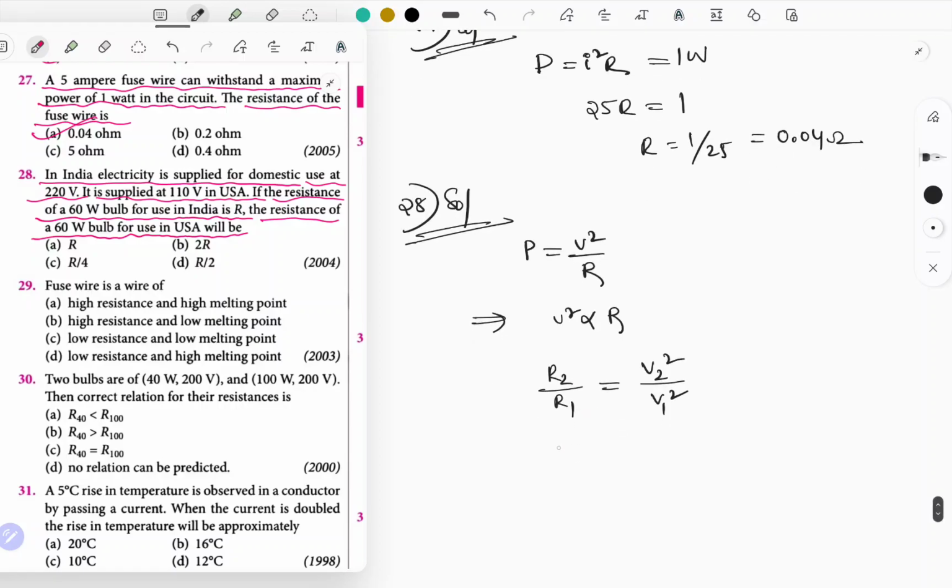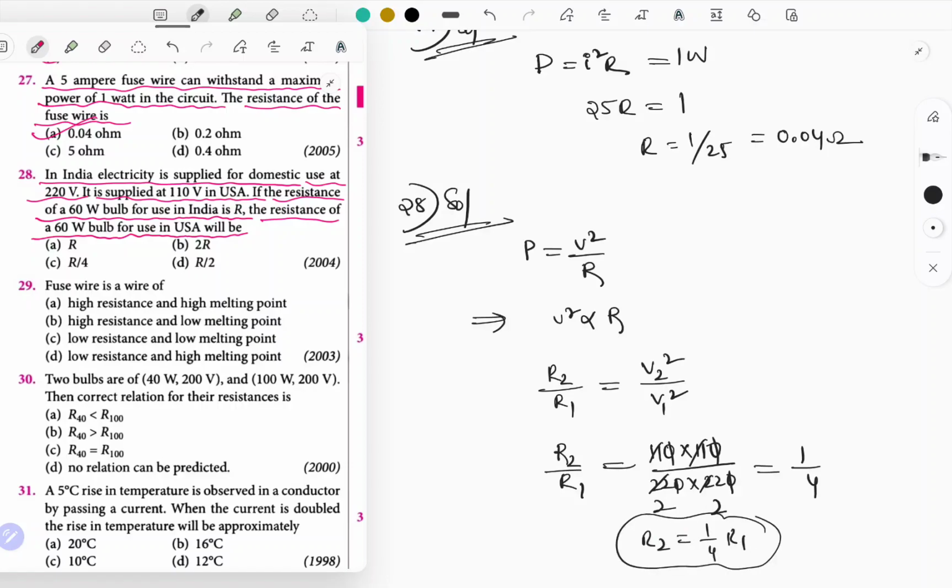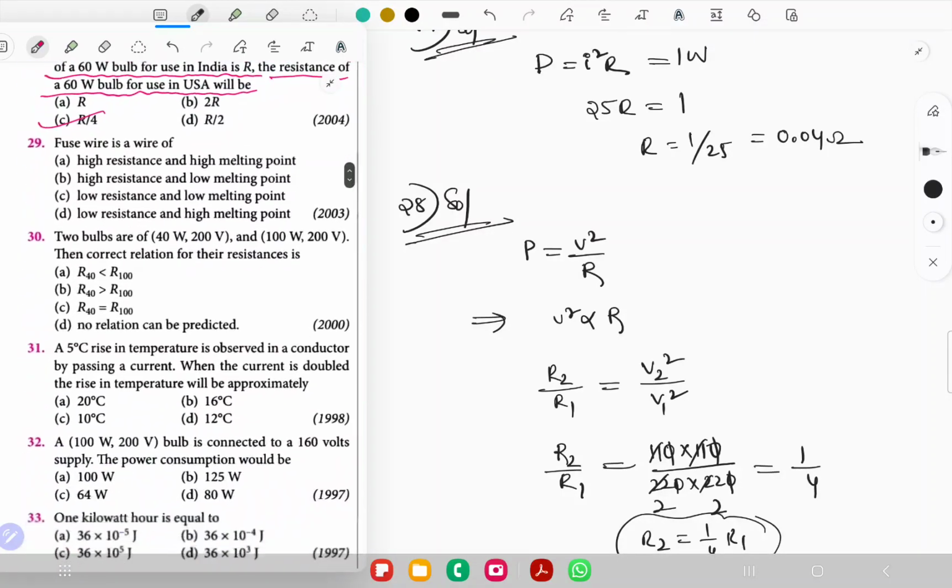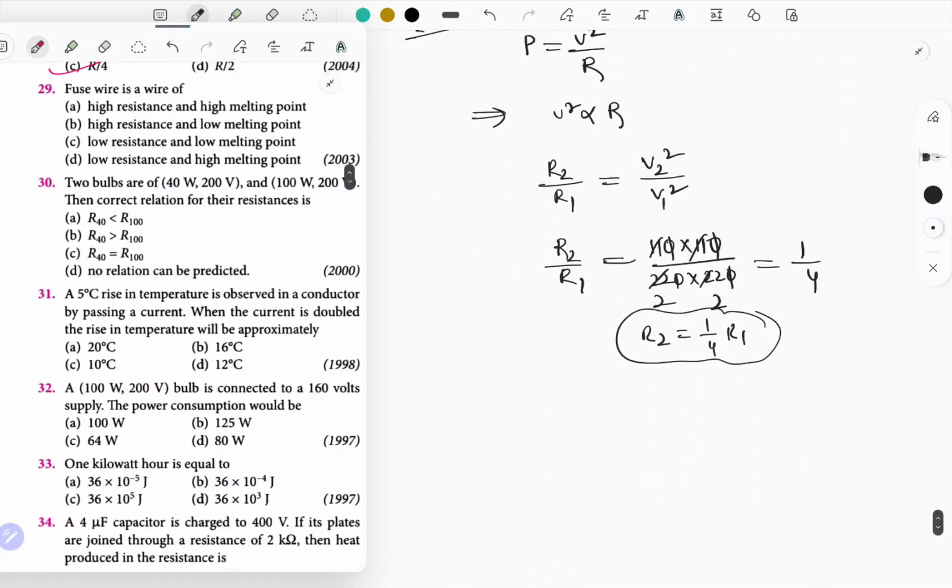So R2 by R1 is equal to V2, the USA voltage, which is 110, into 110, divided by V1, the Indian voltage, 220 into 220. That gives 1 by 4. So R2 is equal to 1 by 4 times R1. Which option matches? Option C is the correct answer for question number 28. That is the way to decide.